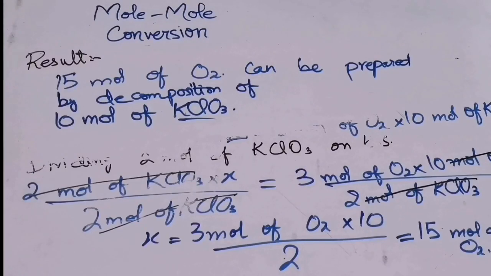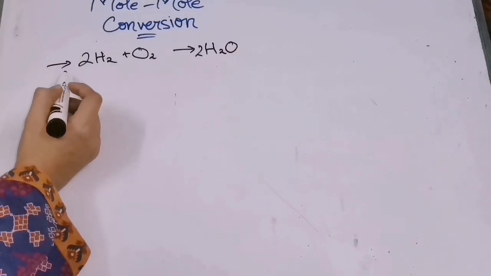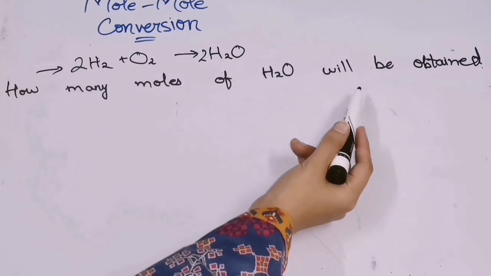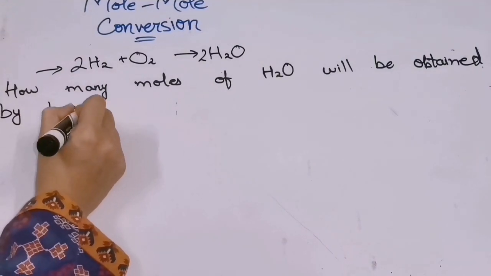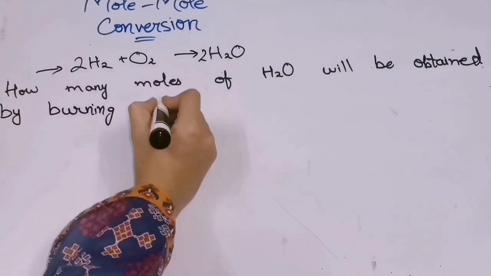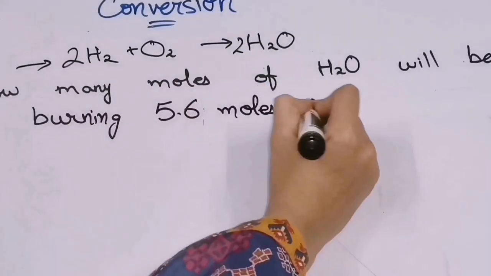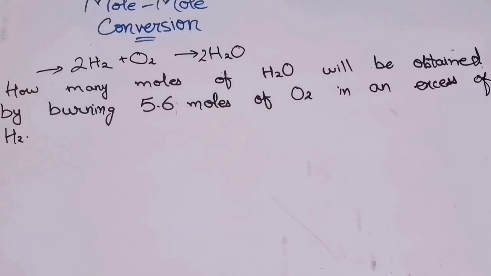Now let us discuss another example from your exercise so that your concept will be cleared more. This is the balanced chemical equation. How many moles of H2O will be obtained by burning 5.6 moles of O2 in an excess of H2.